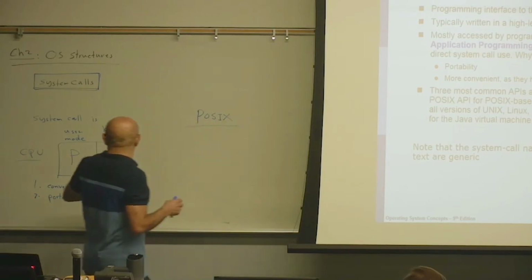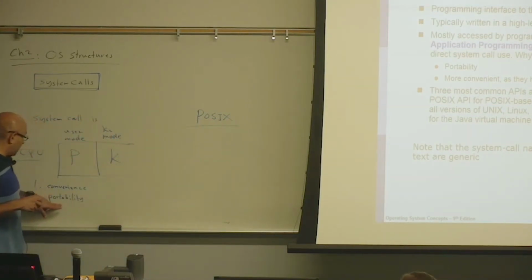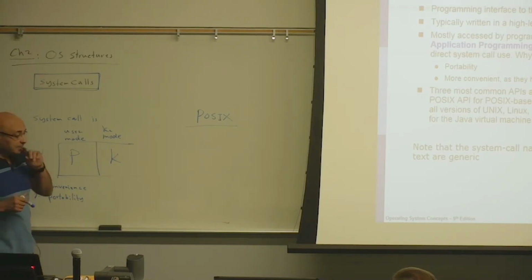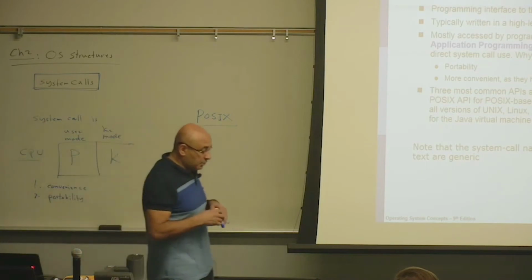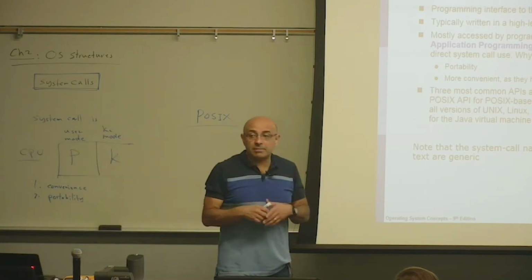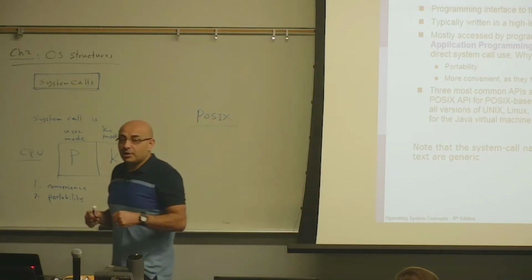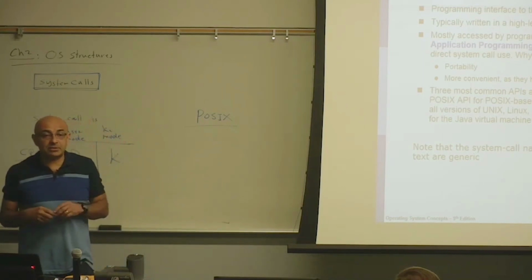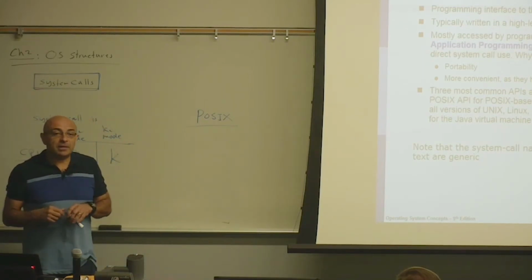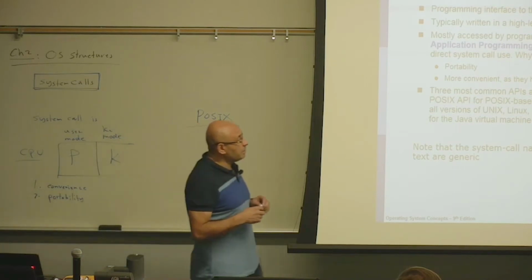So we will use it in our programming assignments. We will use the POSIX API. In theory, if you write a program using POSIX on Mac and you run it on a Unix system, it should run. But we don't live in a perfect world.